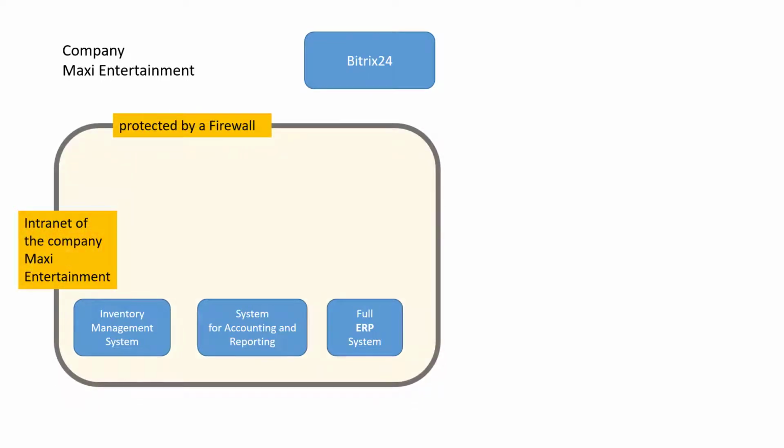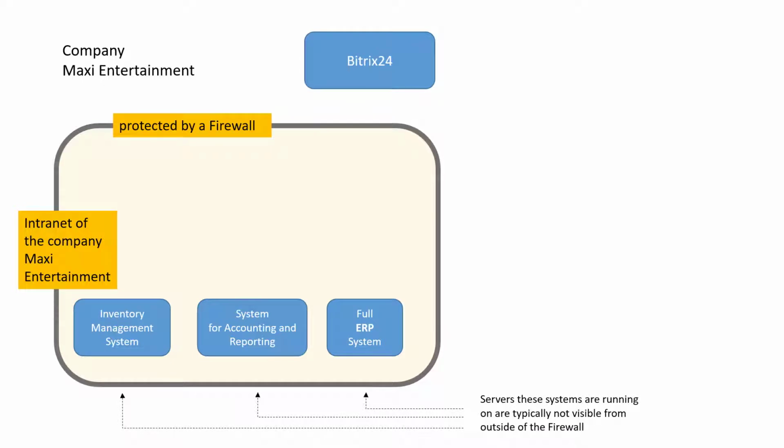These systems are inside of the intranet of the company, an intranet that is of course protected by a firewall. The systems in the company's intranet and their databases typically run on servers that are not visible from outside of the firewall. The company may also be using systems that are directly accessible on the internet. A typical example is an e-banking system.